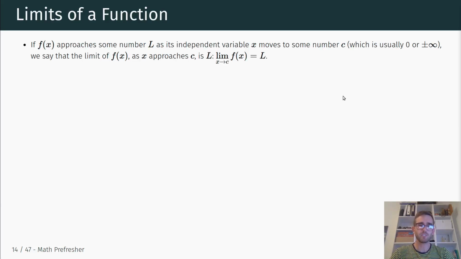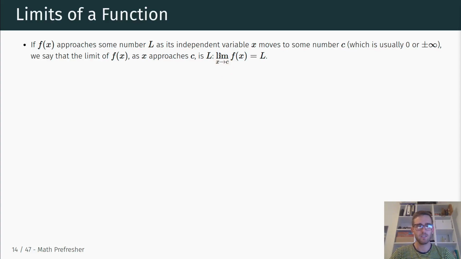And in general, we can say that if f of x approaches some number that we now specify as capital L, as its independent variable x moves to some number c, so this could be 0 or plus or minus infinity, then we say that the limit of f of x as x approaches c is L. Okay, and so in mathematical notation, this looks like this.